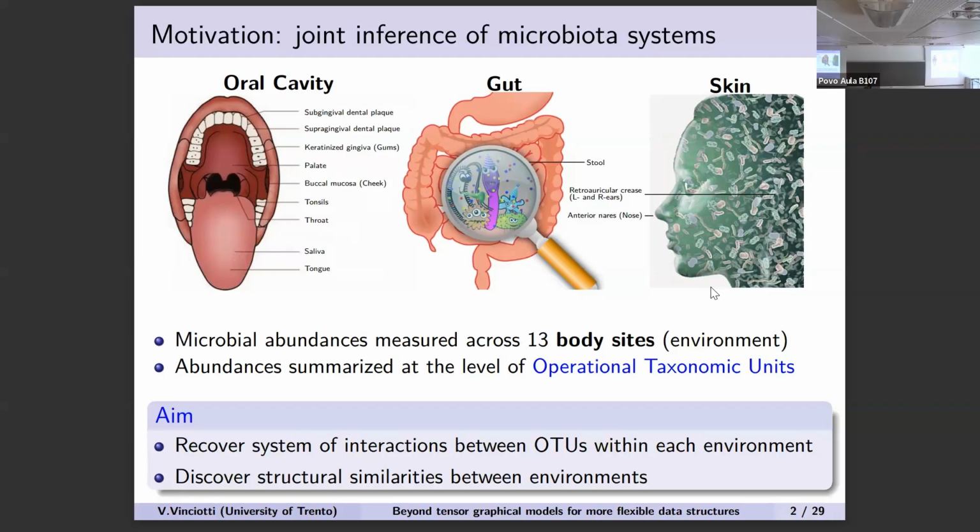The field seems to think that there is a core network, so some interactions are always there, some basic functioning. Whether you are looking at the oral, the gut, or the skin, they are kind of there, some basic building blocks.